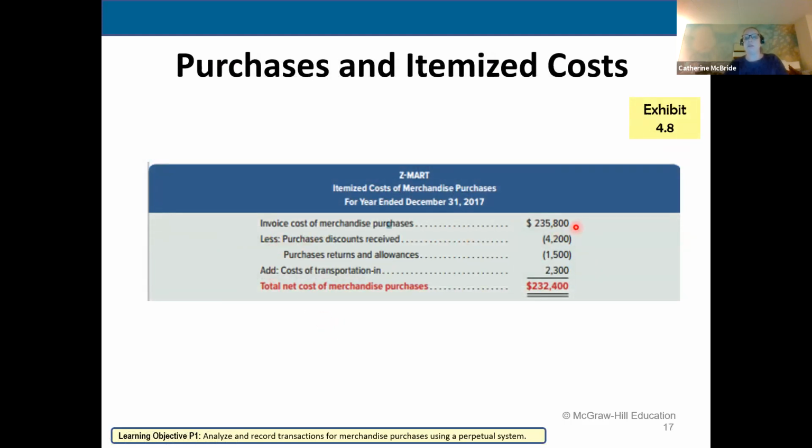We've spent a lot of money on inventory, minus purchase discounts, minus purchase returns and allowances, plus transportation in. Notice that it's called transportation in, sometimes freight in. That's to differentiate it from the transportation cost paid to ship inventory out to the customer. This is when we bring inventory in. And so there's our net cost of our inventory.